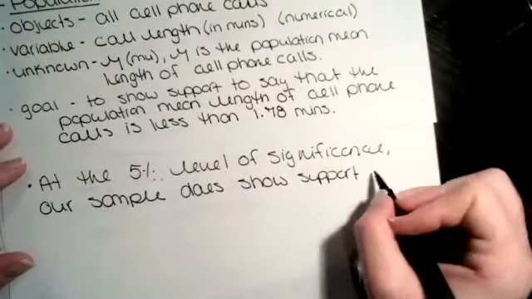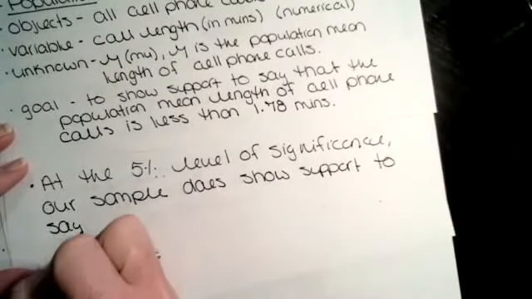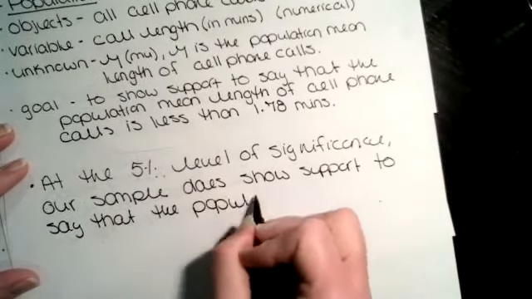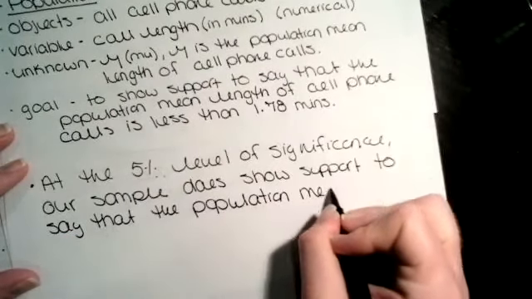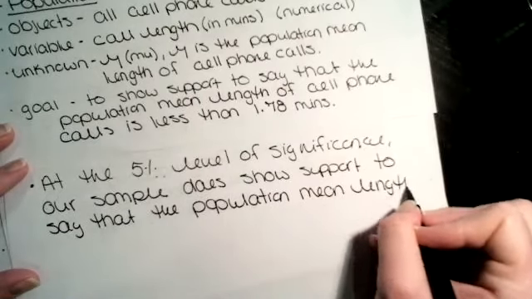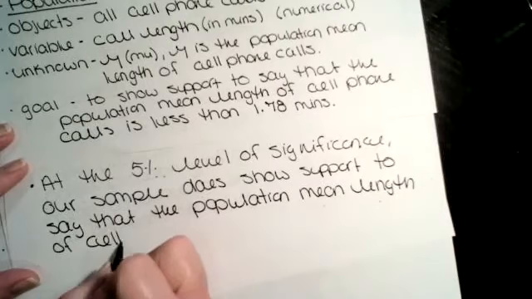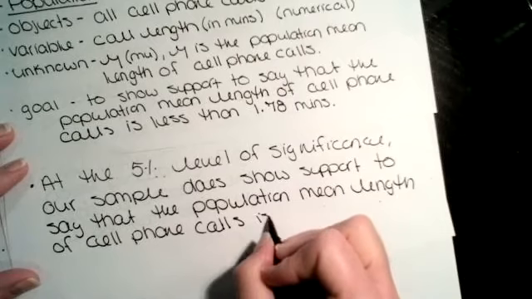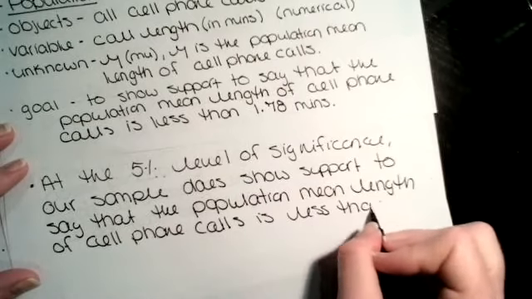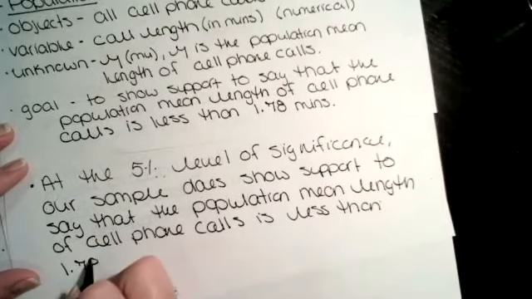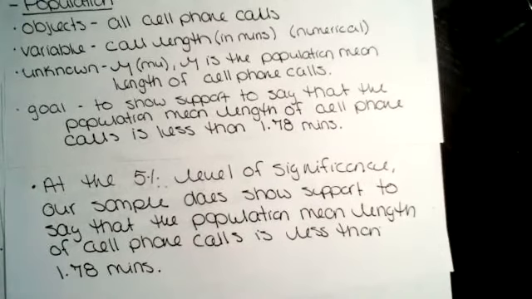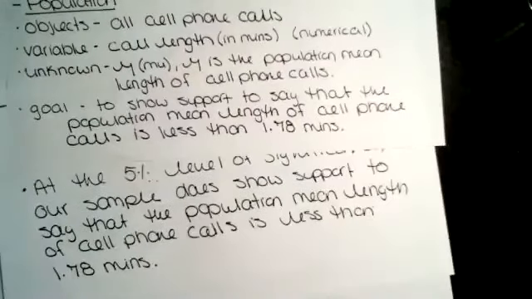It does show support to say that the population mean length of cell phone calls is less than 1.78 minutes. So what I'm saying is that I'm rejecting that it is equal to 1.78, and I'm saying that I'm showing support that it's smaller than 1.78.